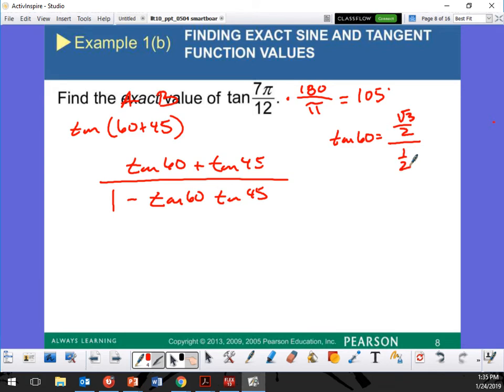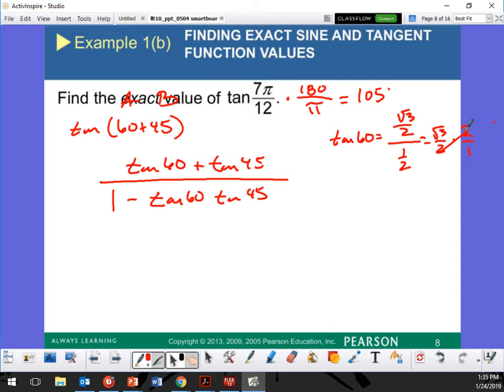I can't leave fraction over fraction. Multiply by the reciprocal, right? So it is going to be rad 3 over 2 times the reciprocal of the bottom, 2 over 1. So what do we get? Just rad 3. So wherever I'm going to put tan 60, I'm replacing it with rad 3.